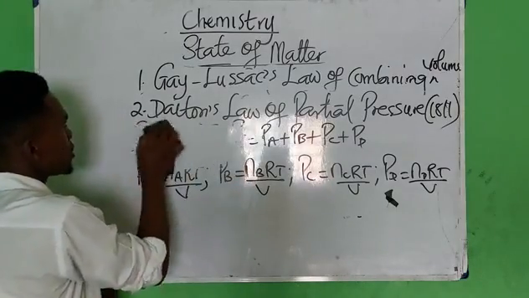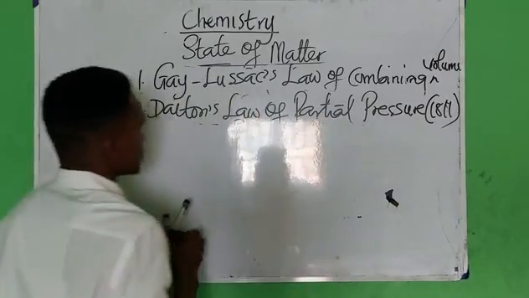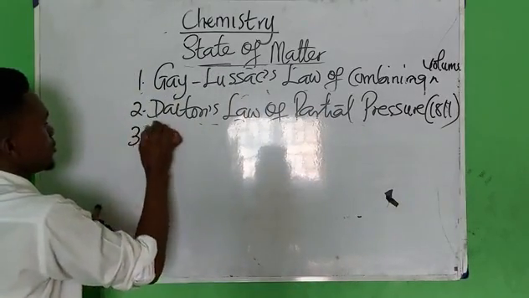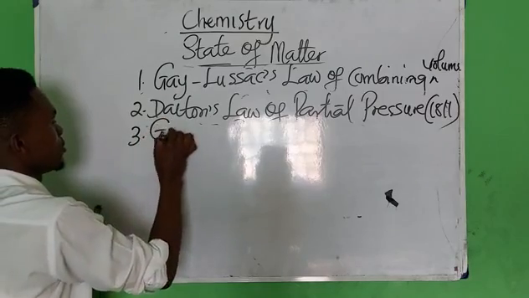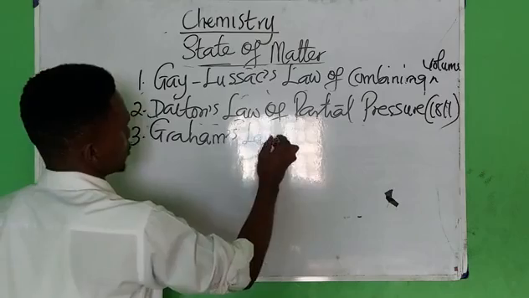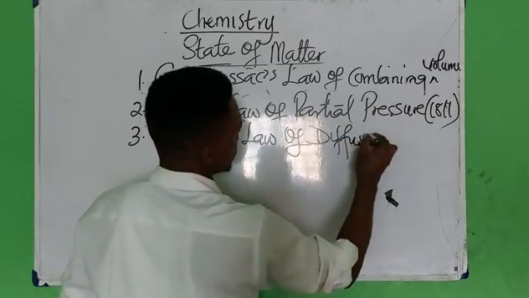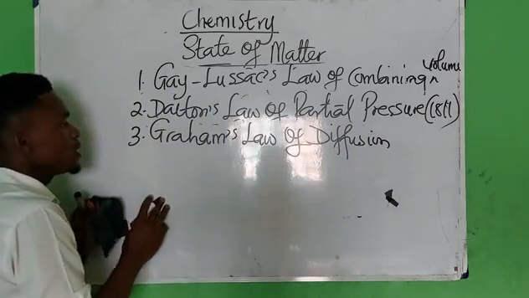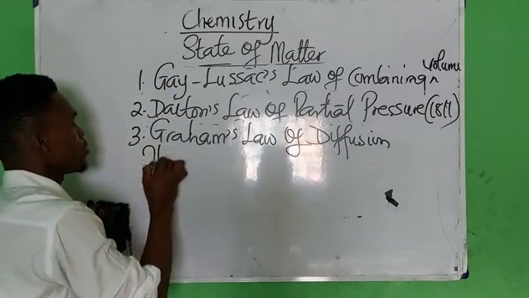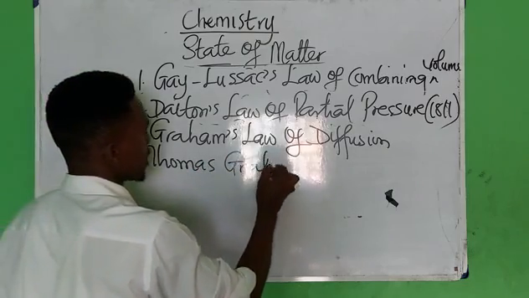The next law is called Graham's law of diffusion. Graham's law of diffusion. His full name is Thomas Graham.